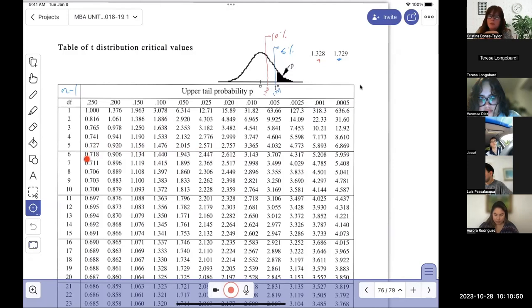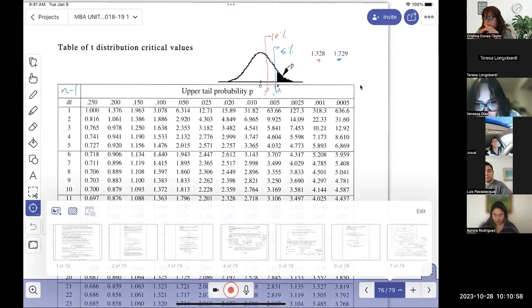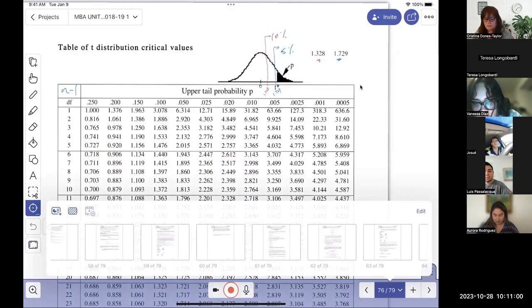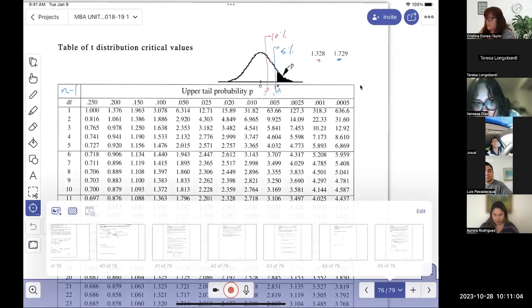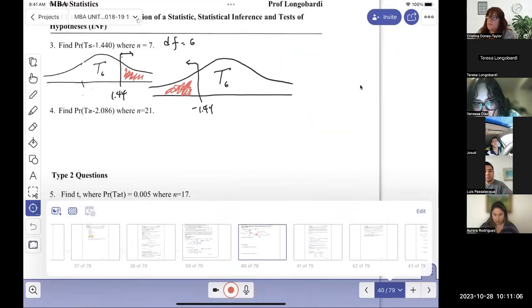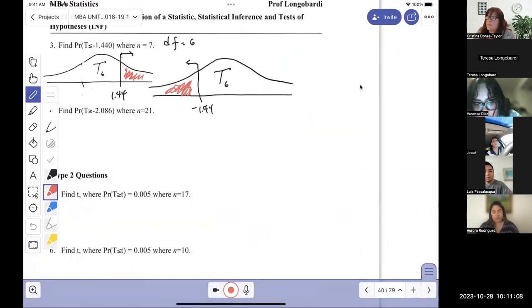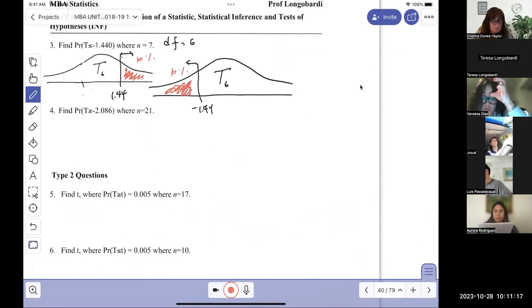If you remember, the normal distribution had hundreds of scores as z-scores. This only has 12. So this was 10%, so that means this is 10%. So that's your answer.